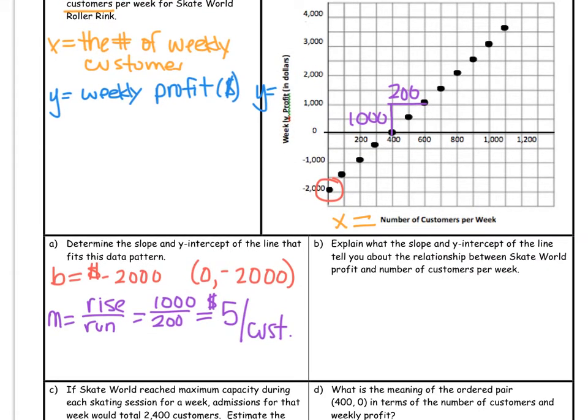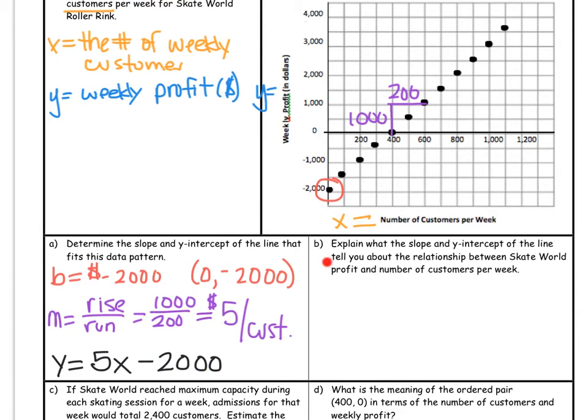So if we want to write that as an equation, if our slope is $5 for every customer and our y-intercept is negative 2,000, this equation can tell us, if we input the number of customers we have, we can figure out our profit, because that's what the y is. So if we have 10 customers, plug in 10, what would our profit be? And this profit can be negative, or this profit can be positive. So we have to see when we're going to break even.